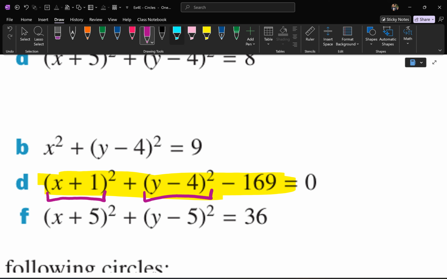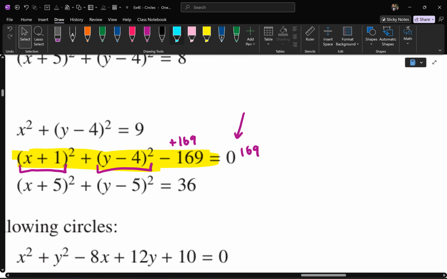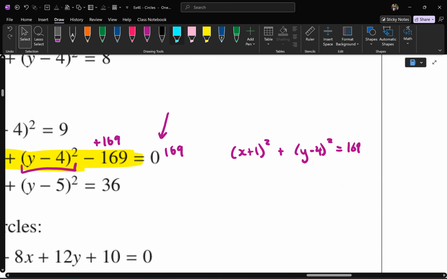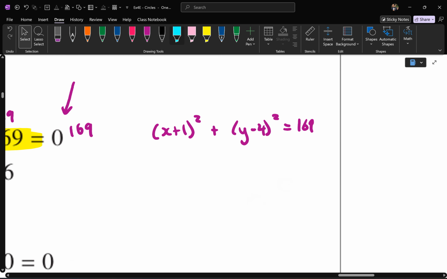Problem is, I don't have r on this side. How do I get my r? Good. Add 169 on both sides. And so this is your new equation now. You're going to get x plus 1 squared plus y minus 4 squared is equal to 169. But let's read that. What should the radius be? 13.